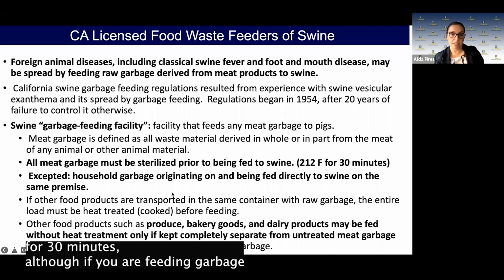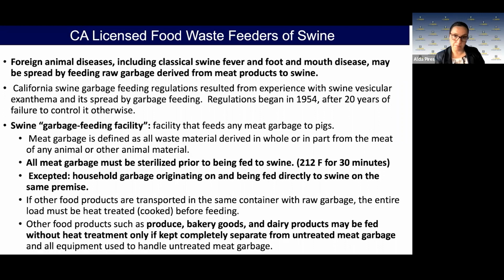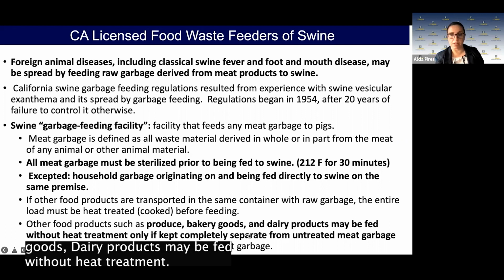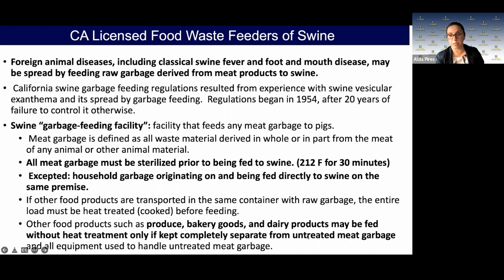Although if you are feeding garbage from your household, from your own property, and that is fed directly to swine, there is an exception. How about other products? Produce, bakery goods, and dairy products may be fed without heat treatment, only if kept completely separate from untreated meat garbage.